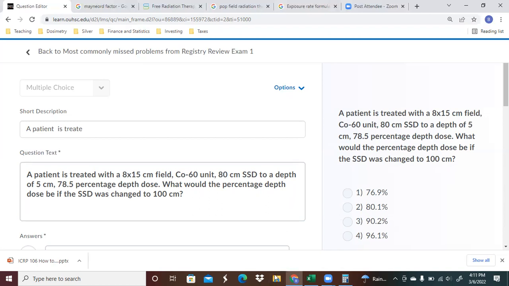So doing the Maynard F factor here, there are many different ways that this is written, stick with this.